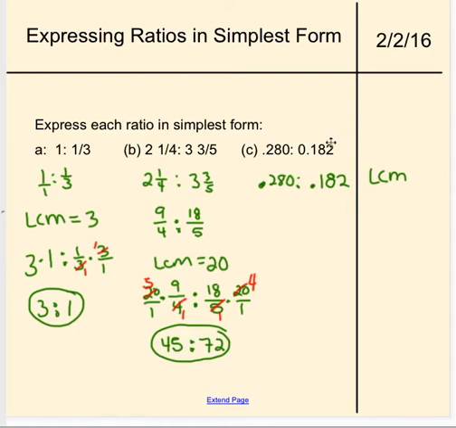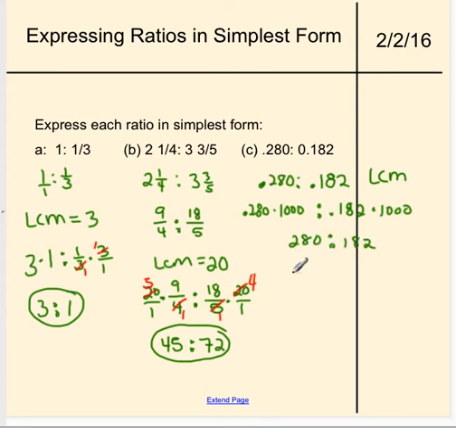So since they both go to the thousandths place, let's just multiply them both by 1,000. So 0.280 times 1,000 as compared to 0.182 times 1,000 would be 280 to 182.